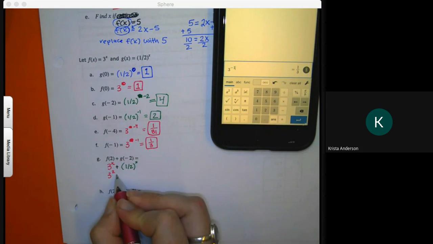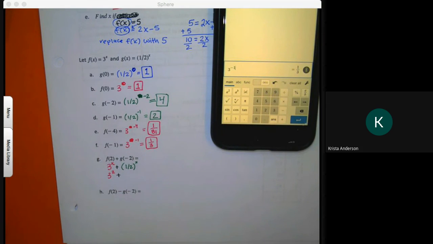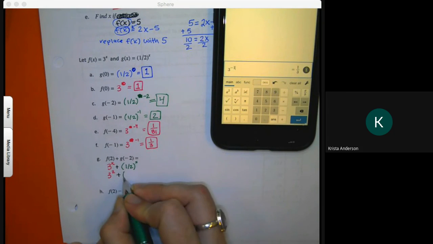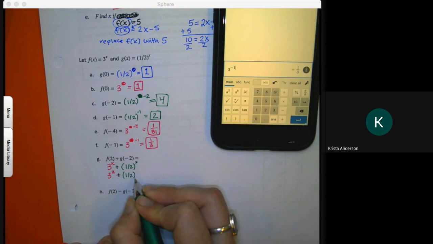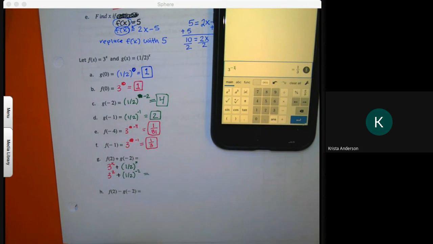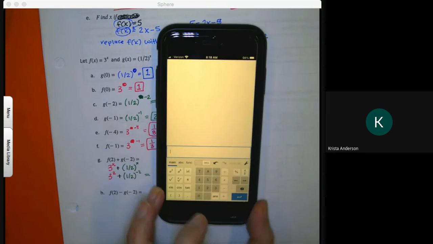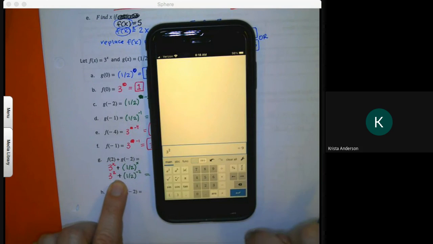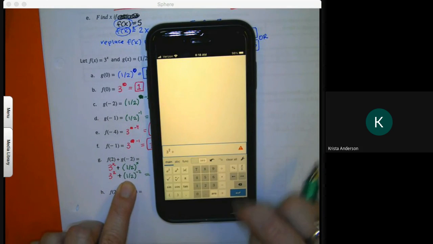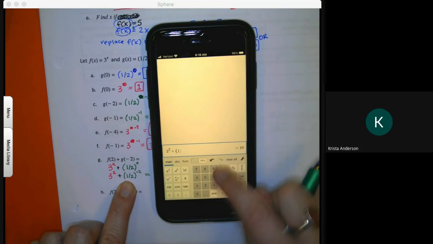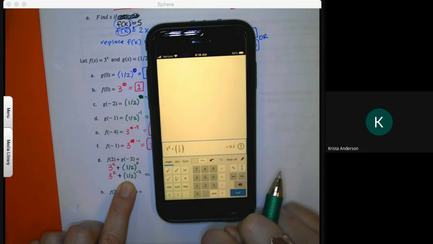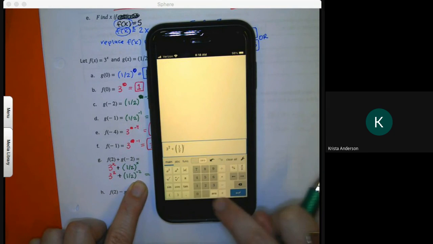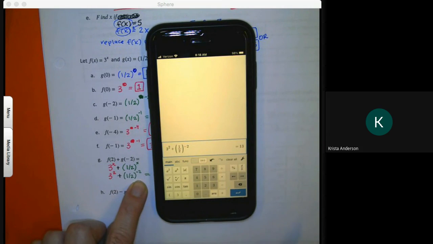And I have a plus sign. And what does the g want me to plug into it? A -2. I can type that in. 3 squared plus 1/2 to the power of a -2 on that one. And it is equal to 13.